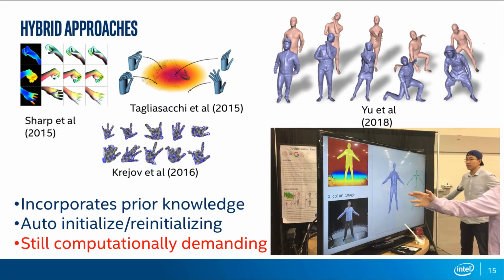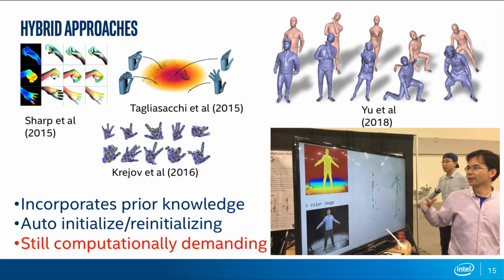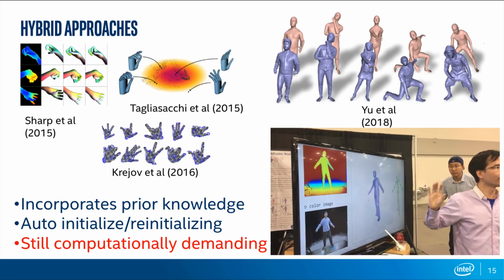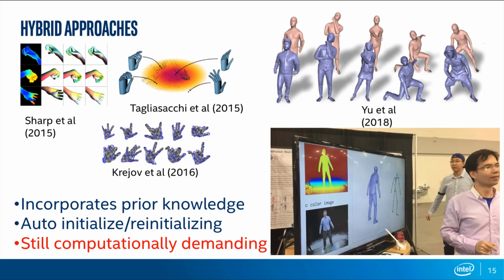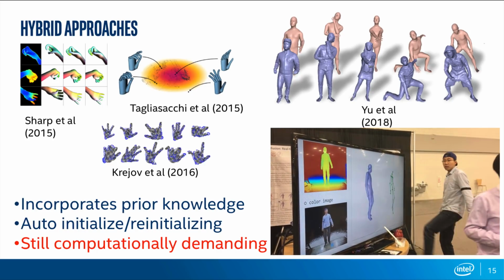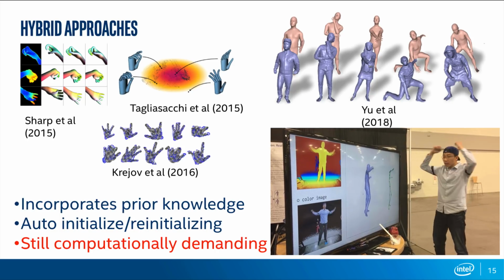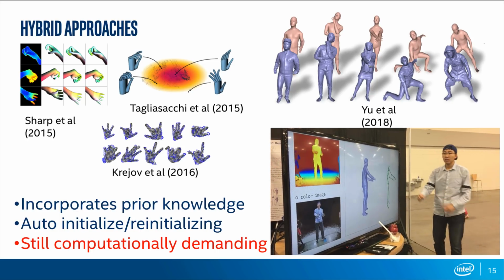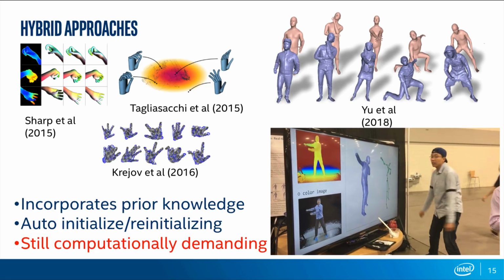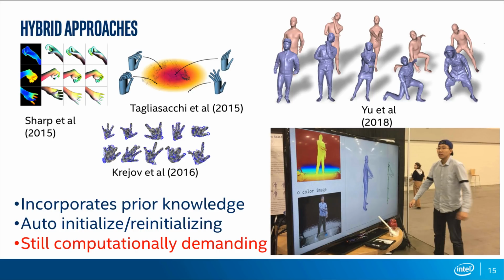So this brings me on to hybrid approaches. Hybrid approaches look at combining both machine learning and model fitting. It was actually back in 2015, around 2016, that I had been looking at hybrid approaches for hand tracking, where we used a randomized decision forest to localize the parts of the hand and then fit them to a model.